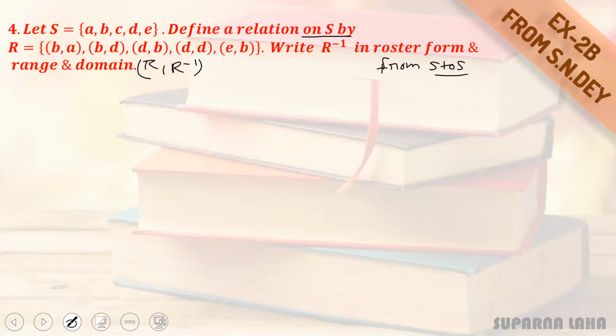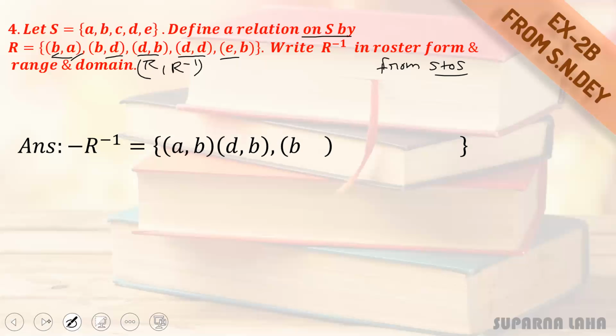That means all the elements are present in this set S. Whatever will be the first element, that is the element of the domain, or the element of the range, both are present in the set S. So that time we define the relation as defined on S, and these are the elements of this set R. Now R inverse is, just write down this BA, that is A comma B, D comma B, B comma D, then D comma D, and B comma E.